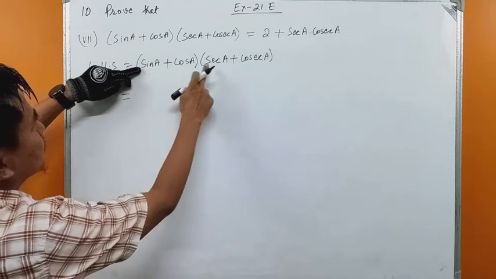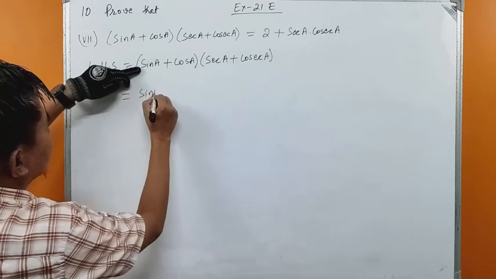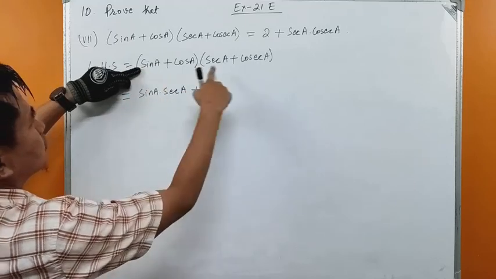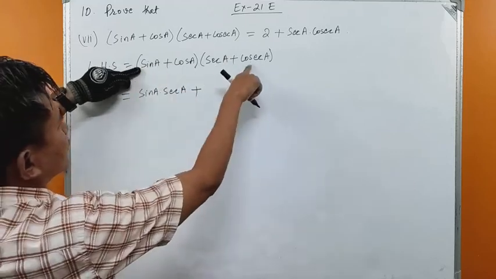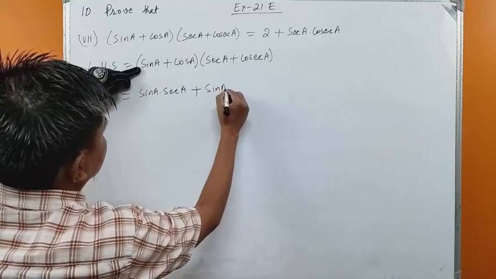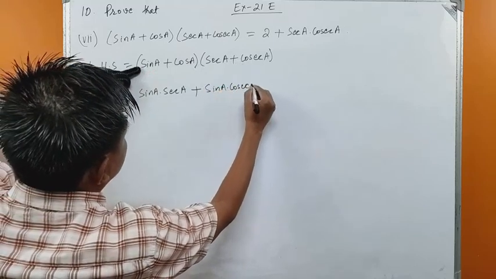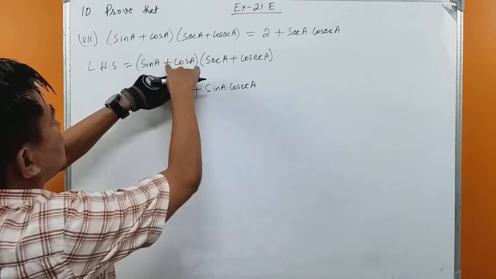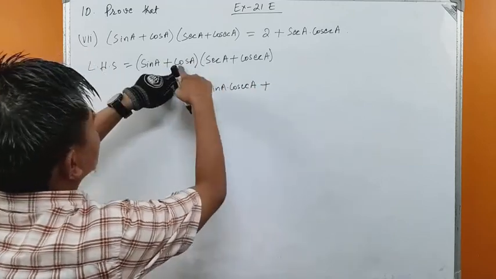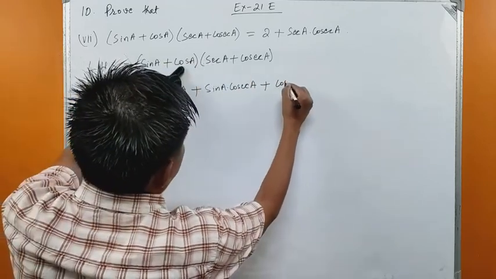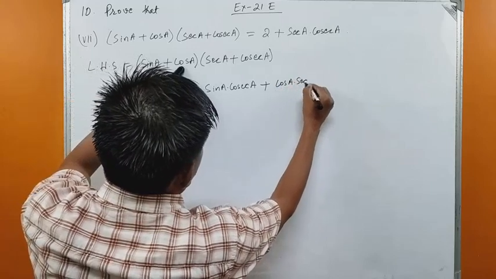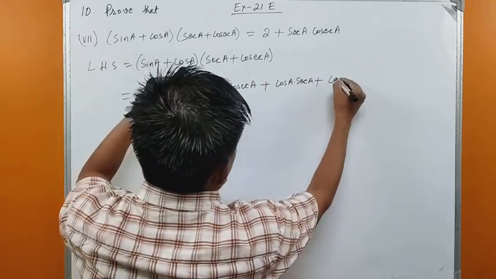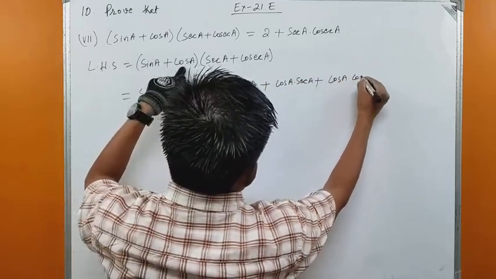So sin A into sec A is sin A sec A, plus sin A into cosec A is sin A cosec A. Now I multiply with cos A: plus cos A into sec A is cos A sec A, plus cos A into cosec A is cos A cosec A.